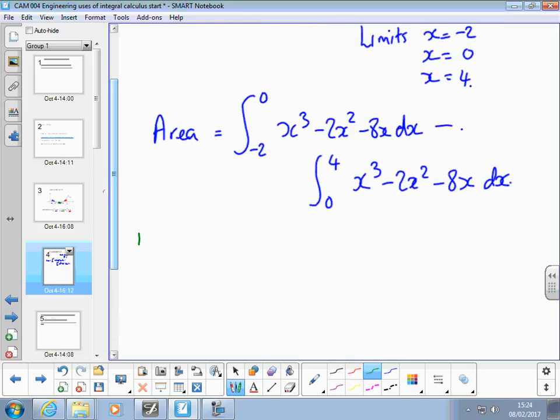So we're looking at area being equal to, nice big set of brackets, integral of x cubed is x to the 4 over 4, agreed? Minus 2x cubed over 3 minus 4x squared.